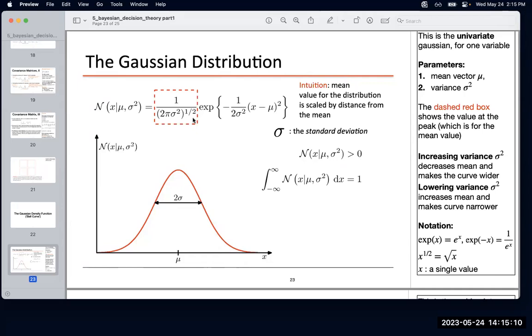So if we observe this function here, let's go over each term that we have. In this dotted red box, you have 1 over the square root of 2 times pi, where pi is just the pi constant, times the standard deviation squared.